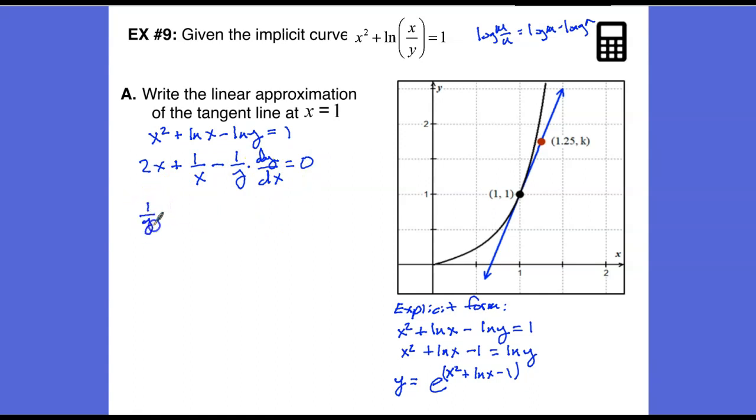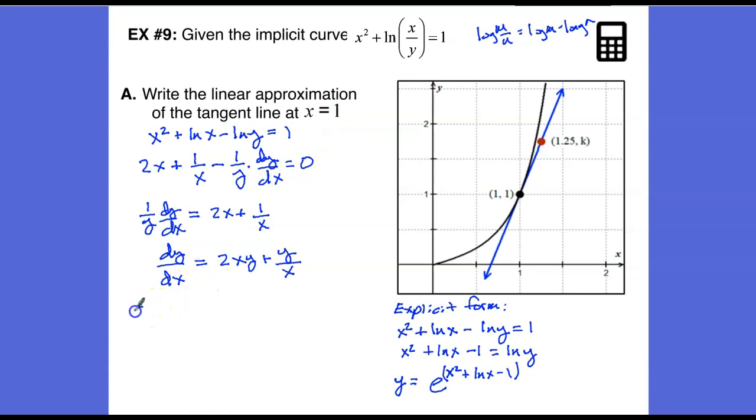I want to solve this for dy/dx. So we get 1 over y times dy/dx is equal to 2x plus 1 over x. dy/dx is equal to 2xy plus y over x. Now, we want to know about the tangent line at x equals 1.